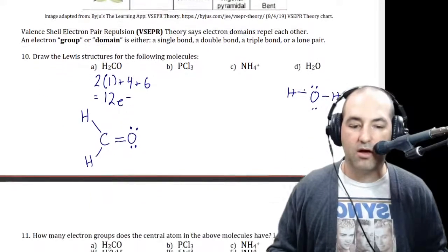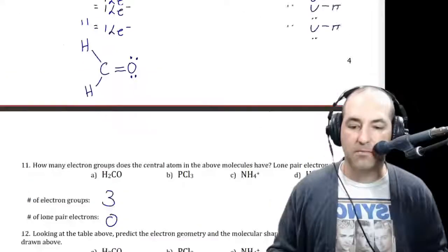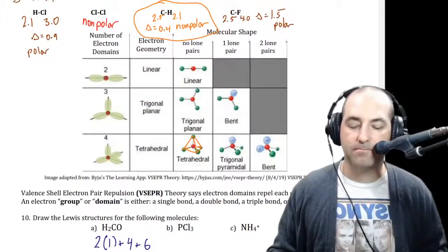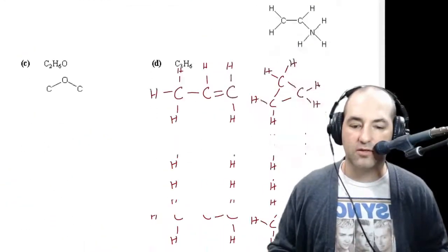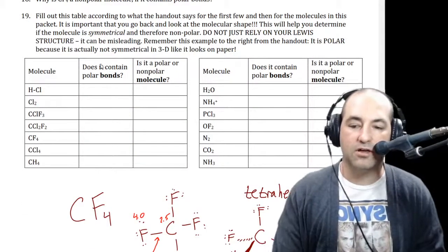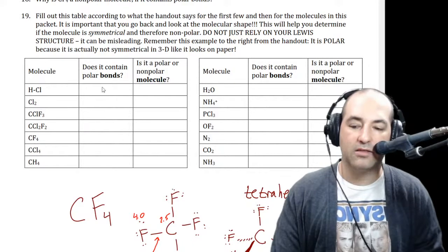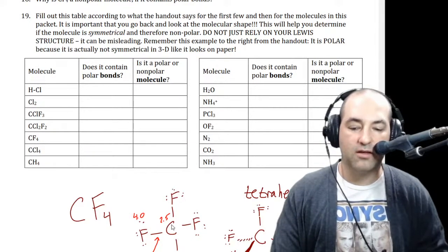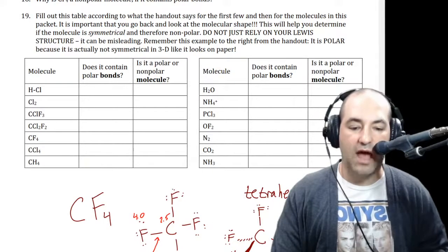All right. So with molecular shape and with that table on the last page, let's look at this first. Does it contain polar bonds? That is as simple as looking at the Lewis structure and determining the electronegativity differences between atoms.